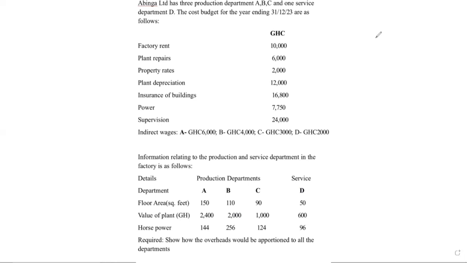So let's start. We prepare this on the overhead analysis sheet. So we have our overhead analysis sheet, and here will be the overheads.